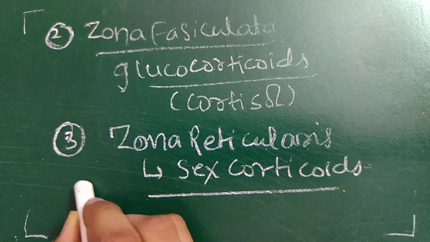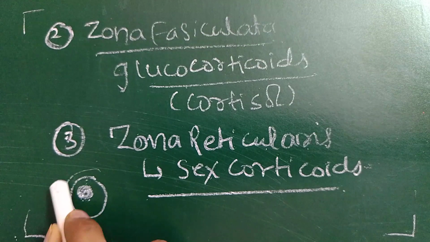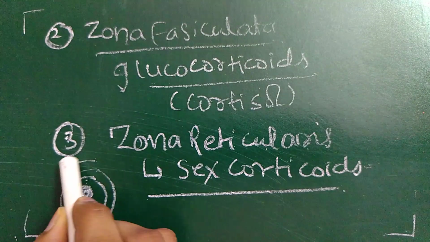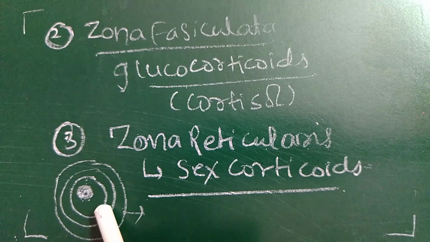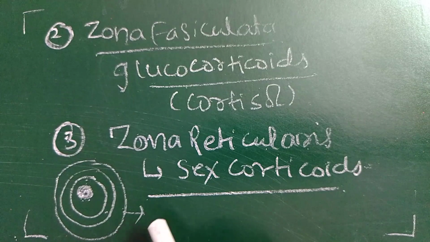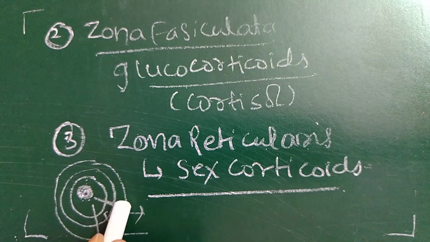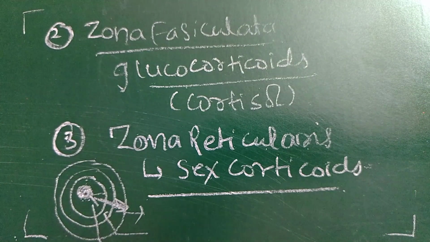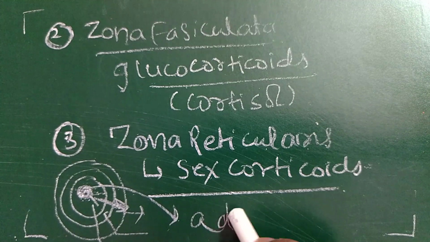Like we said, this is adrenal medulla. These three, as we have learned here, are zona glomerulosa, zona fasciculata, and zona reticularis. So these three comprise the adrenal cortex, and the middle one is adrenal medulla.